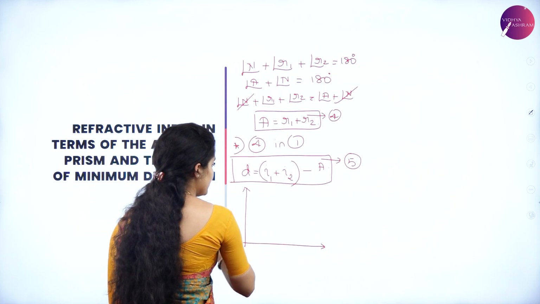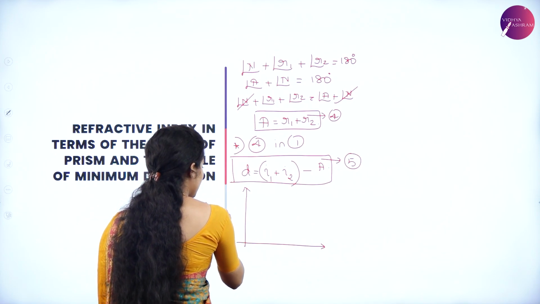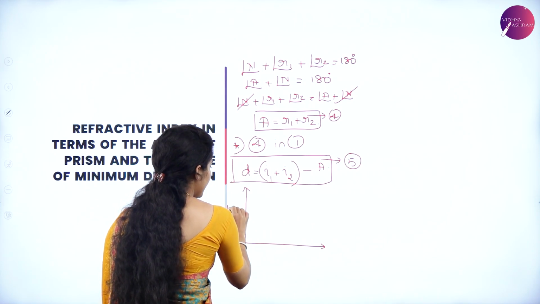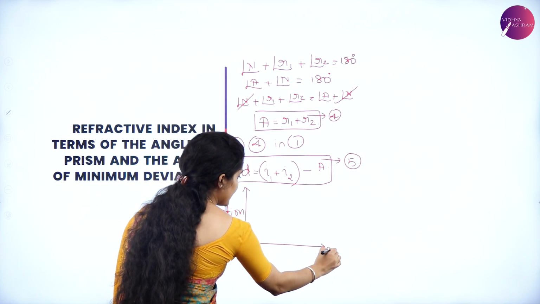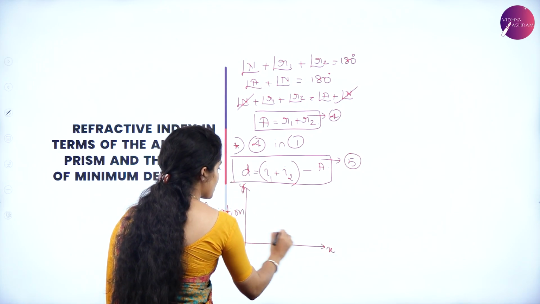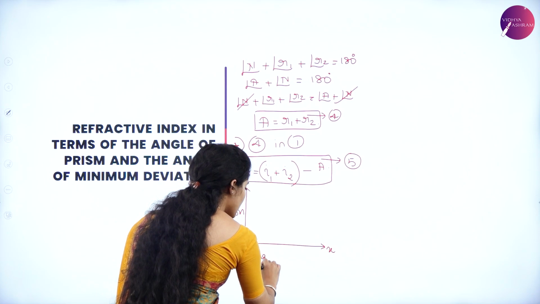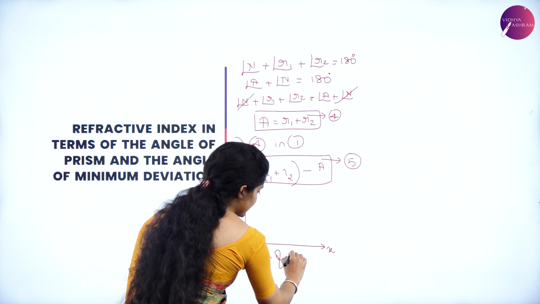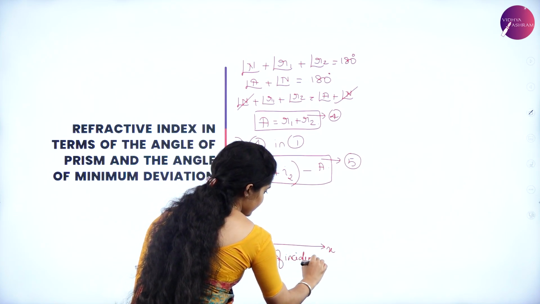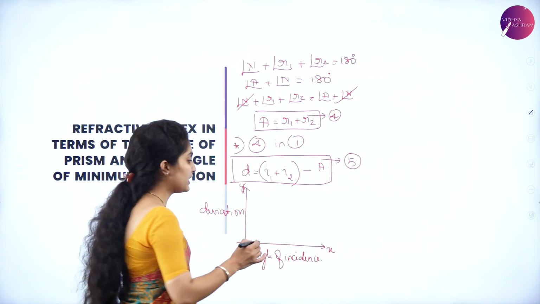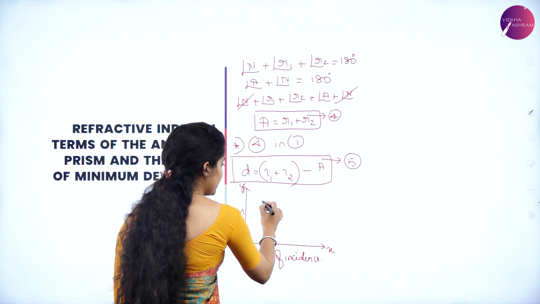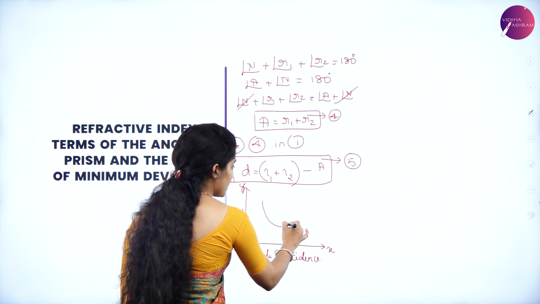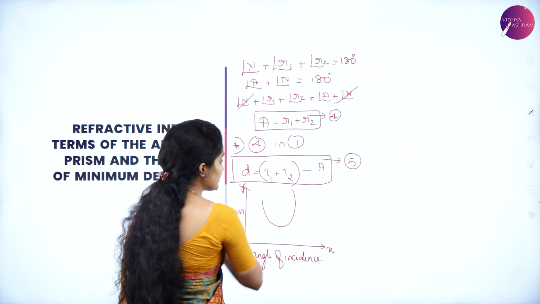And we have a diagram, that is a graphical representation. This gives the deviation. Okay, and the below one, that is the x-axis. Y-axis gives the deviation, x-axis gives the angle of incidence. As the angle of incidence increases from 0, the deviation starts decreasing until a minimum value and then it starts increasing.